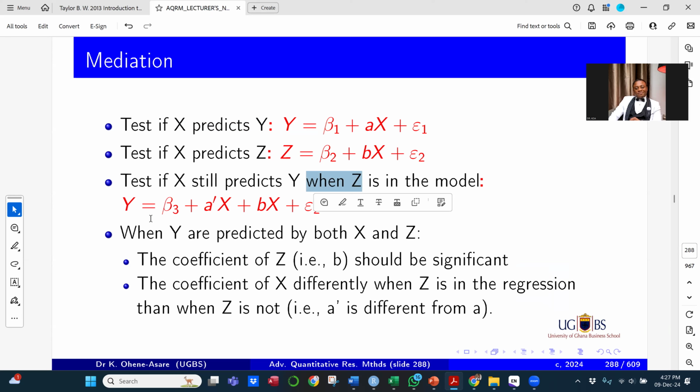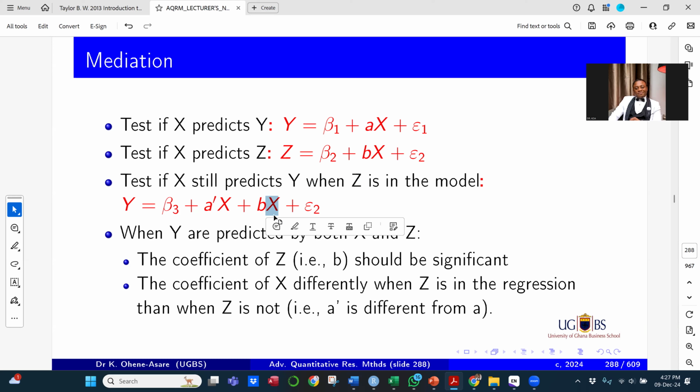That is this. So you have Y equals beta naught plus A prime X, plus BX. I should have made this one Z, and even this one 3, plus BZ.